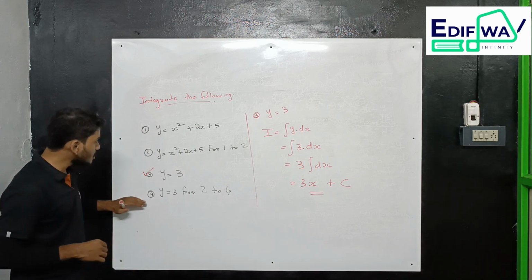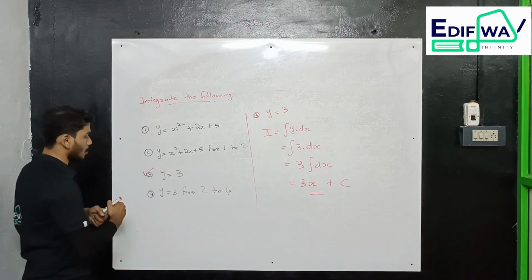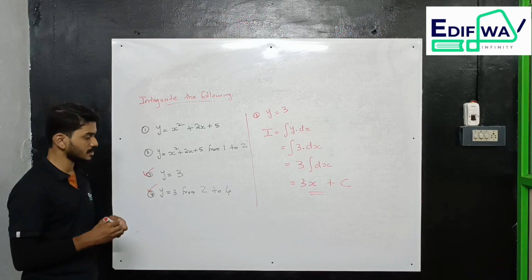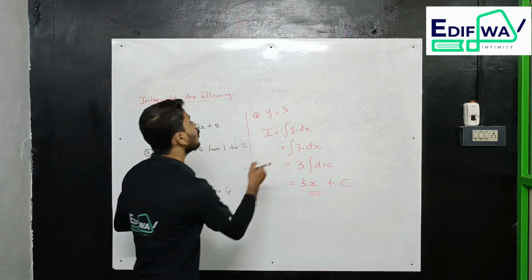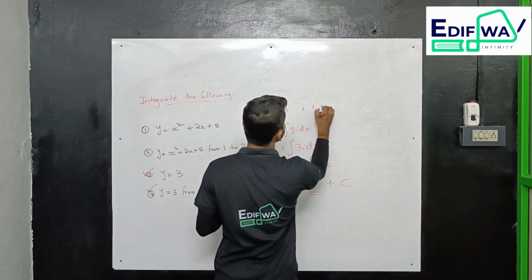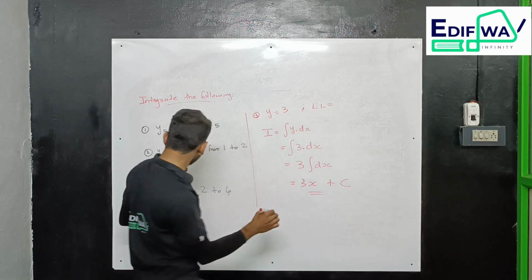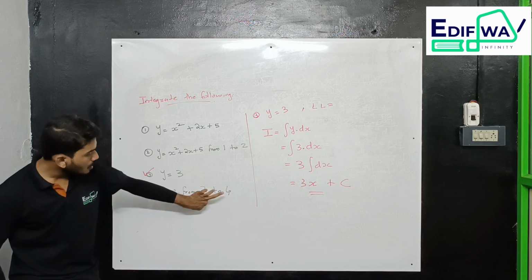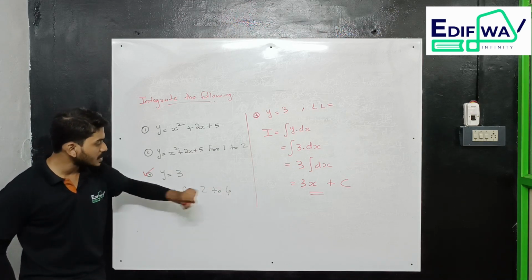Now I will do the fourth question, that is y equal to 3. The lower limit is specified here as 2 and the upper limit is specified as 4.